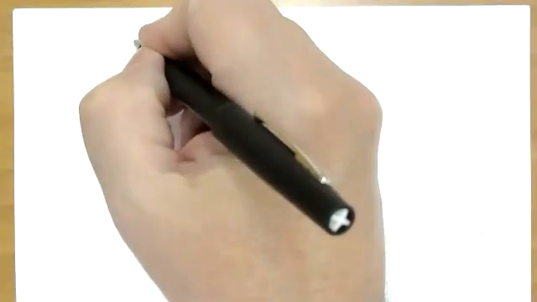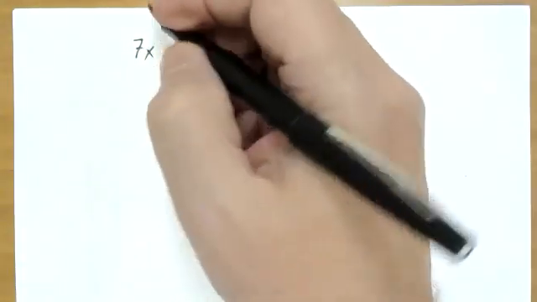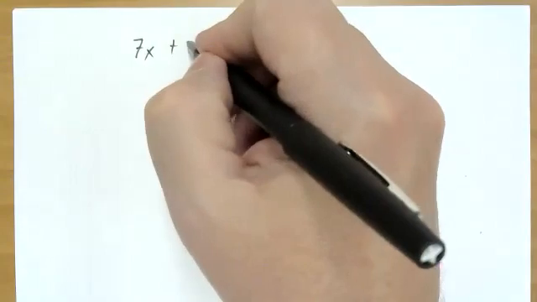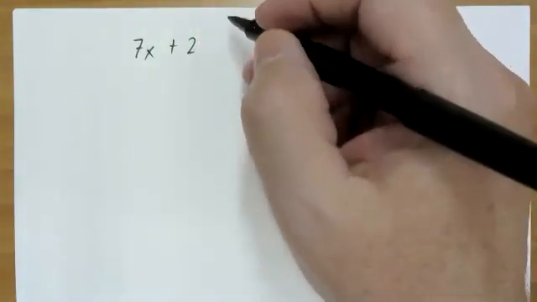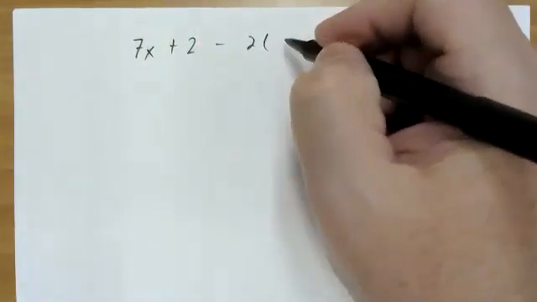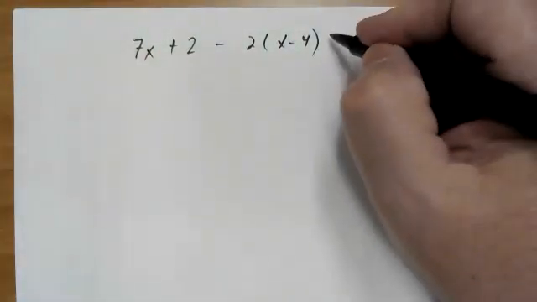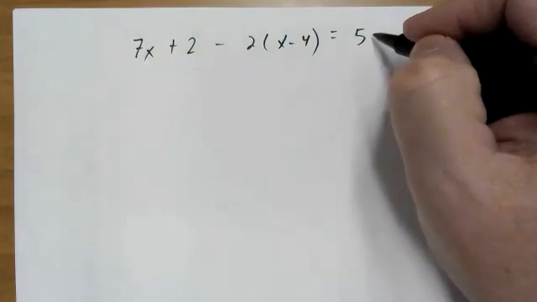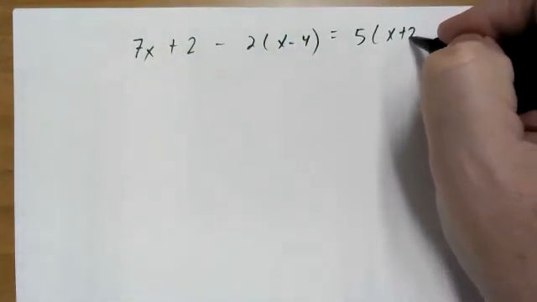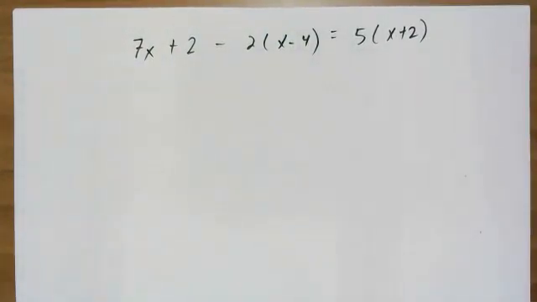So let's look at this equation. 7x plus 2 minus 2 times (x minus 4) equals 5 times (x plus 2).